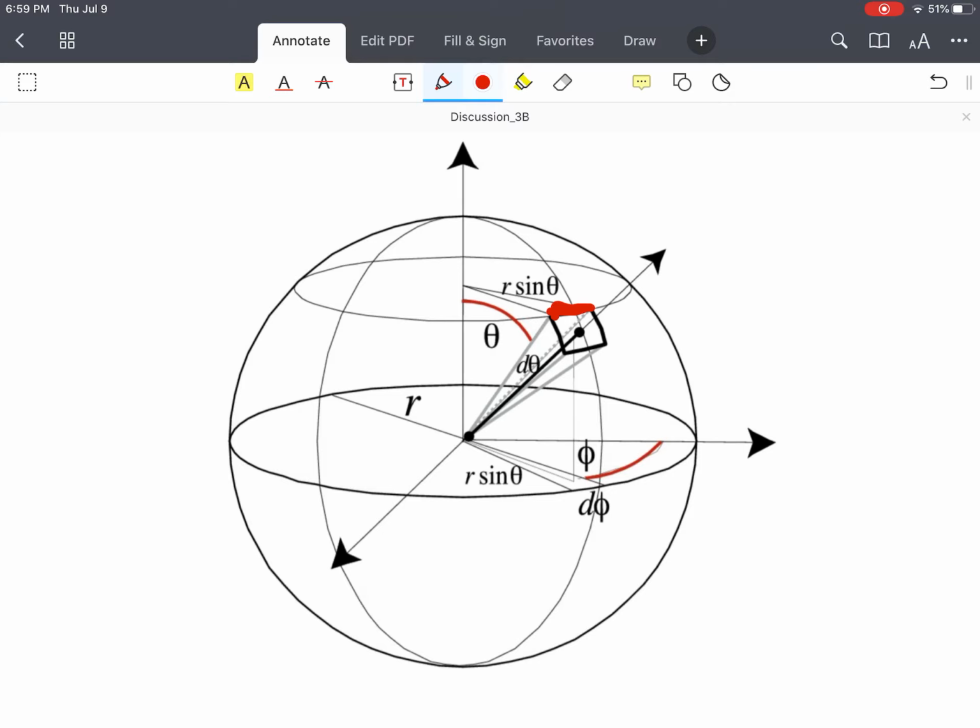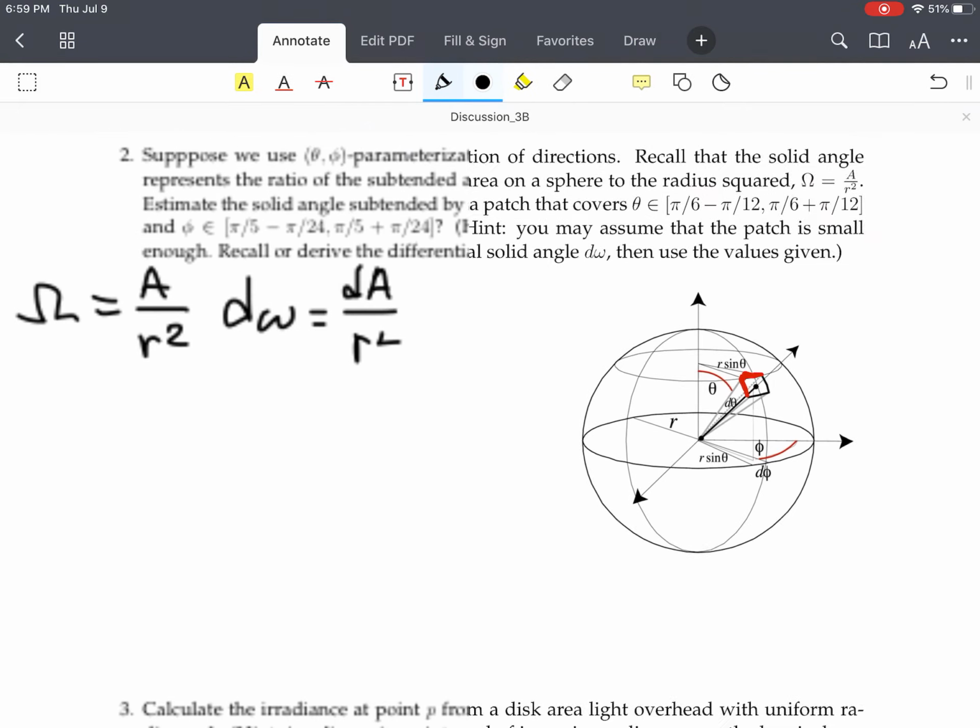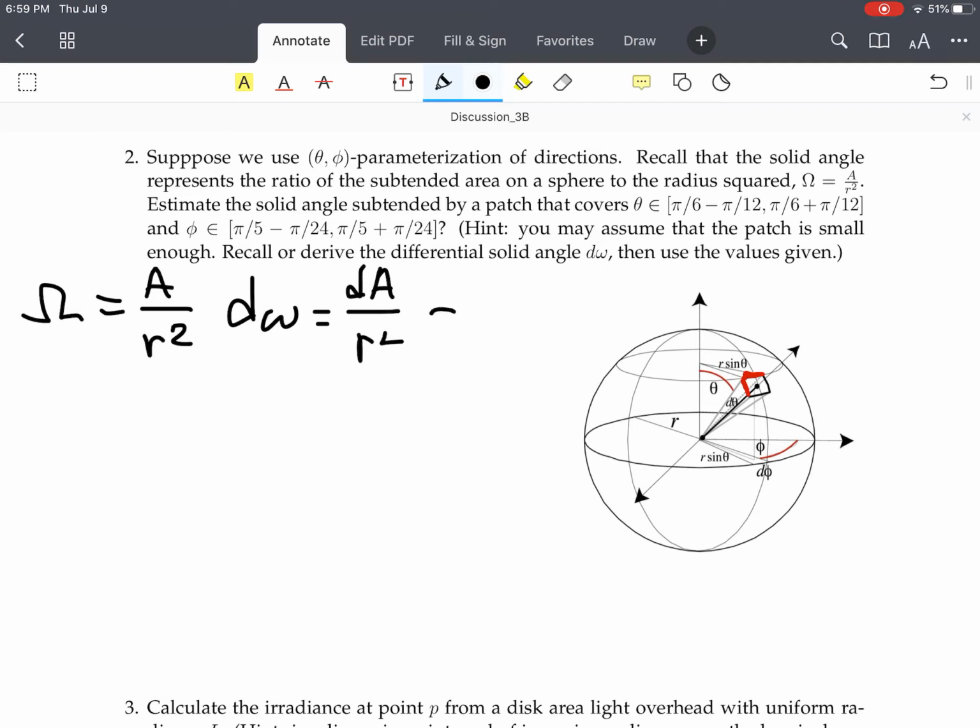That's because we're in the theta direction, times r, because that's the radius of the circle. So that is r times d theta, right? So if I zoom out again, this will become basically r sine theta d phi times r d theta.